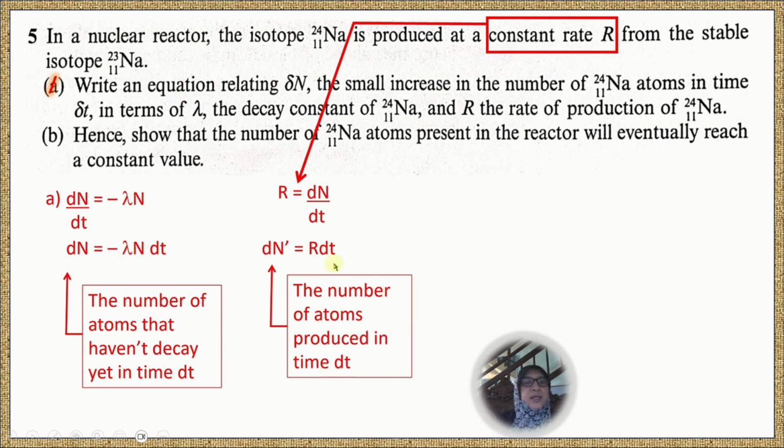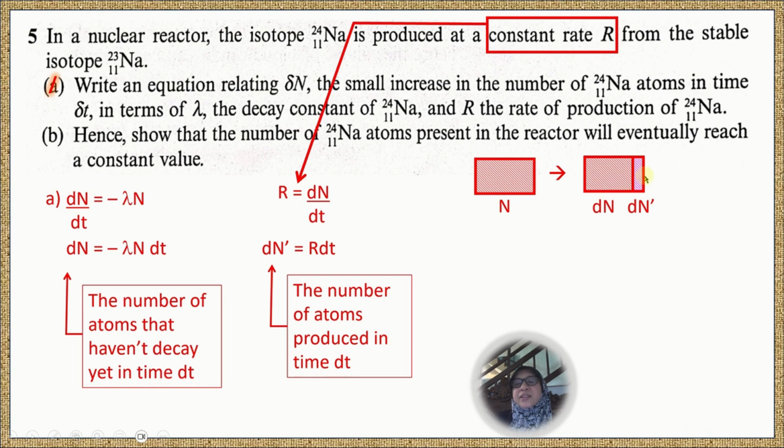Make sure you can see the difference between these N's. You can imagine it like this. Let's say this is the N, the number of atoms that haven't decayed yet. When atoms decay, it decreases in number. Let's say it decreased by dN. So this is the remainder.